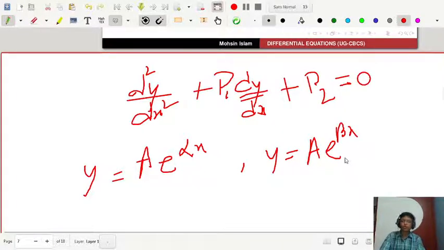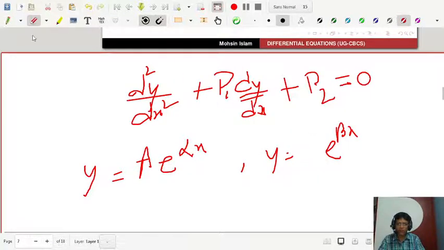Because you have two real and unequal roots alpha and beta, you have to take a different arbitrary constant for each; a and b are arbitrary constants.